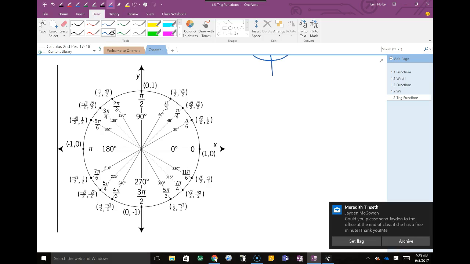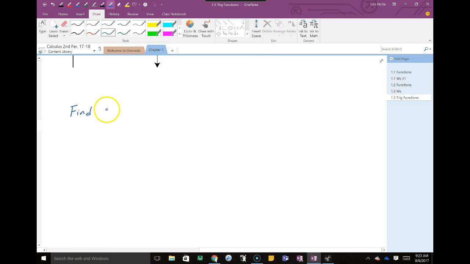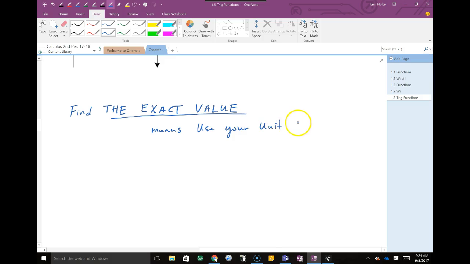Just a hint for you, when you see the words find the exact value, and you see trig stuff after it, that's just code for use your unit circle. Got it?